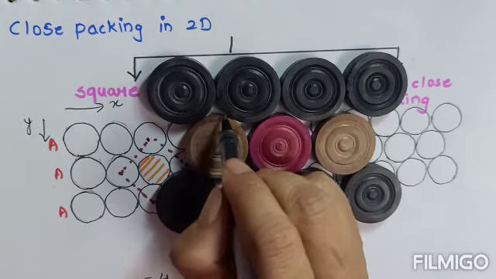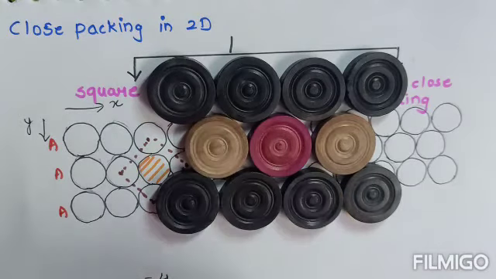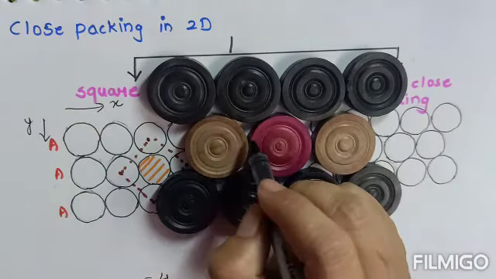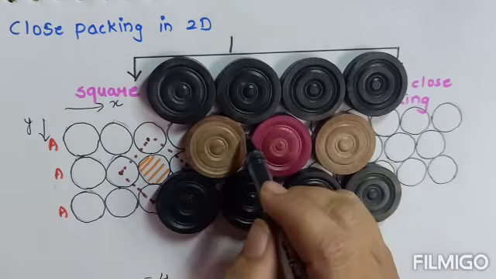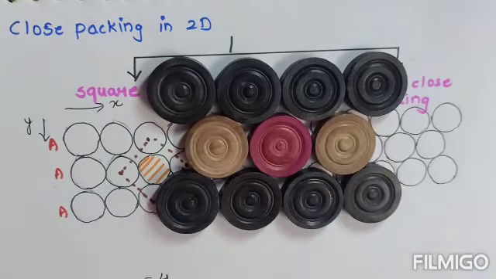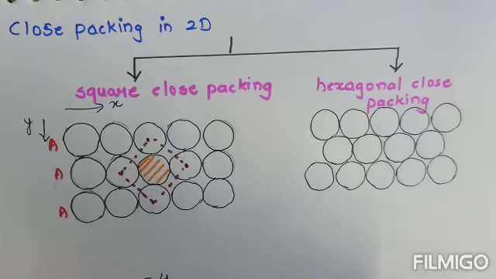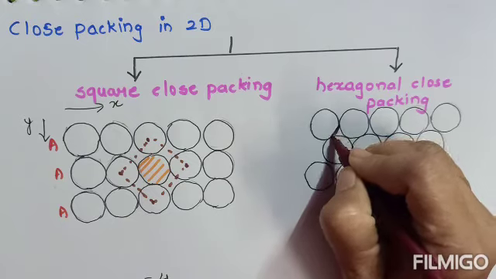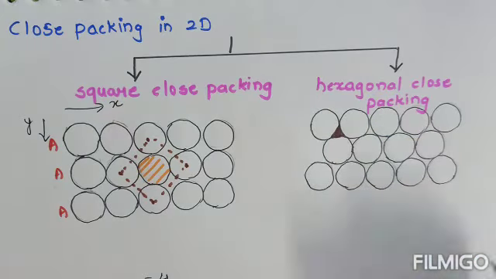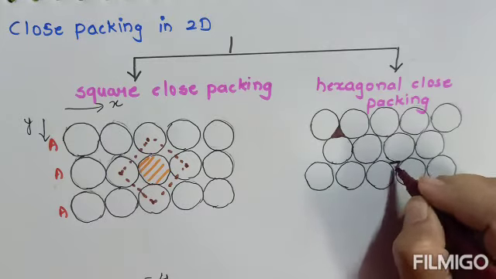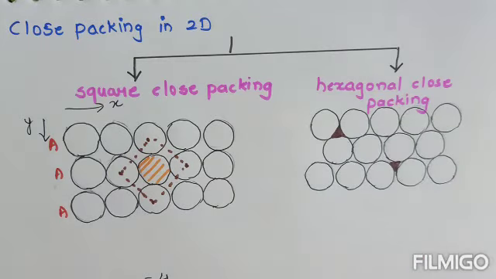In one arrangement the triangle apex is pointing upward, and in the second the triangular void is pointing downward. You can see these vacant spaces in the diagram. So this layer has upward-pointing triangular voids, and the second layer has downward-pointing ones.